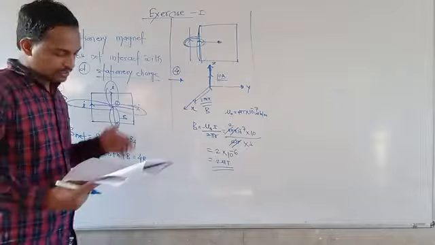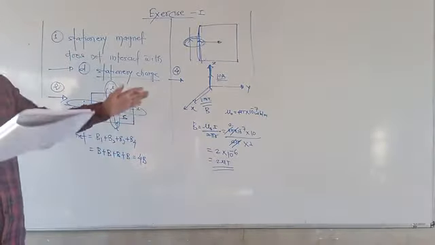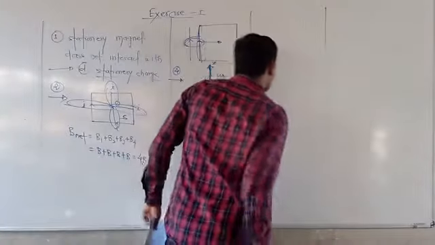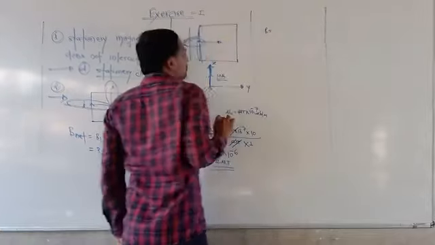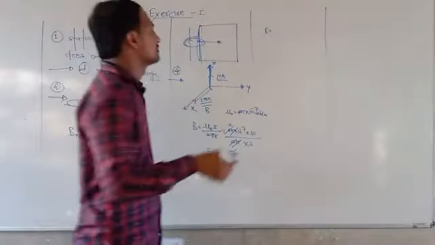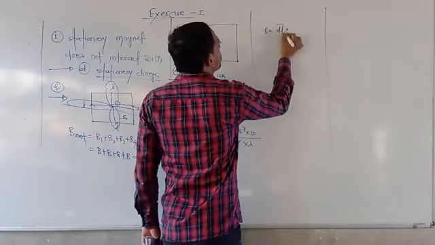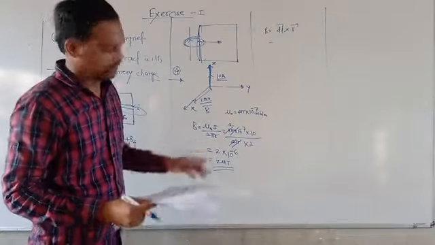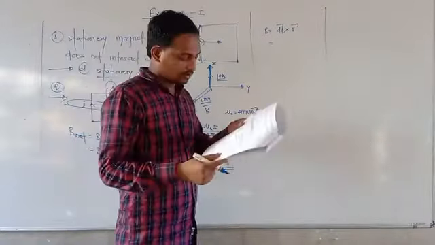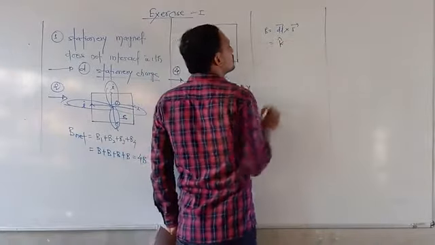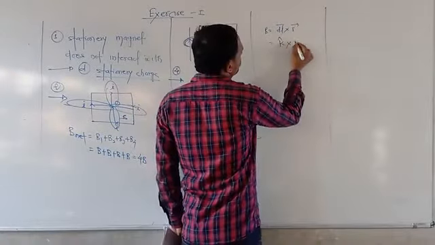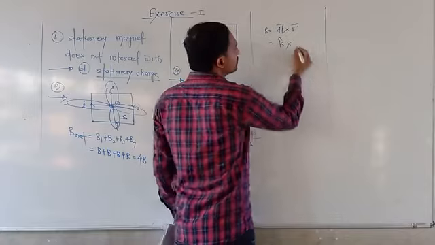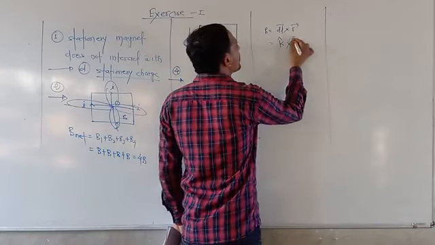How do we find the direction? As we know, the direction of the field is given by dl bar cross r bar. dl is along the z direction, meaning k cap, and r is along the x direction, so this is i cap.